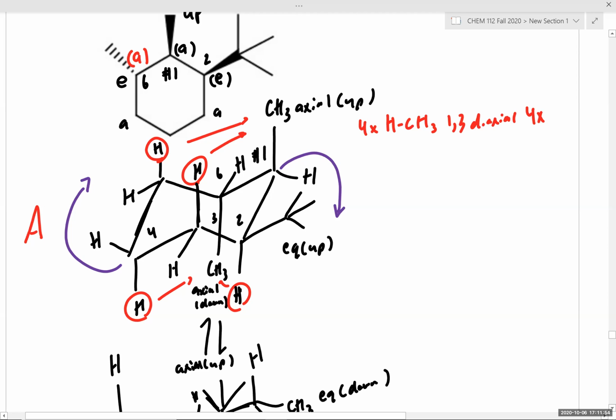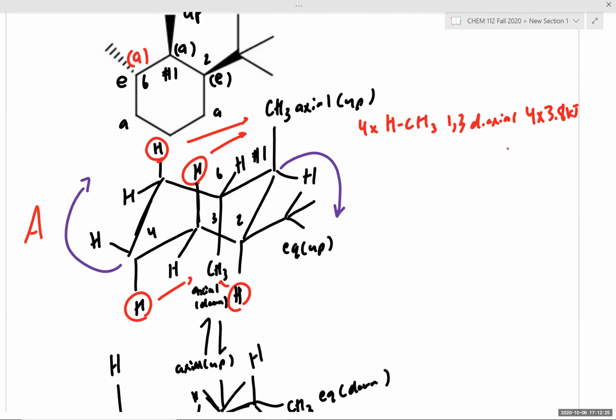What's the value approximately? It's about, well, 15.2 would be the total when you multiply by 4. An individual interaction is 3.8 kilojoules. Yep. In the chat, they've correctly noted the total value of all of these 1,3 diaxial interactions. Okay. Are there any other interactions at play here?